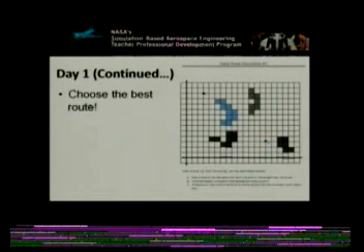And on that same day, they're going to have a different map where they will be choosing waypoints, which helps navigate the character through the map.